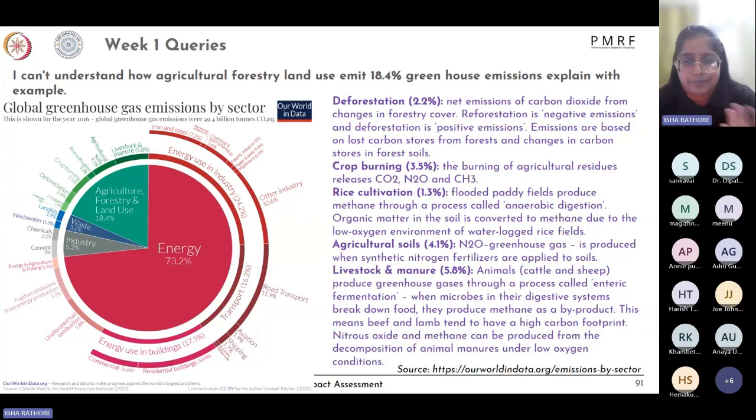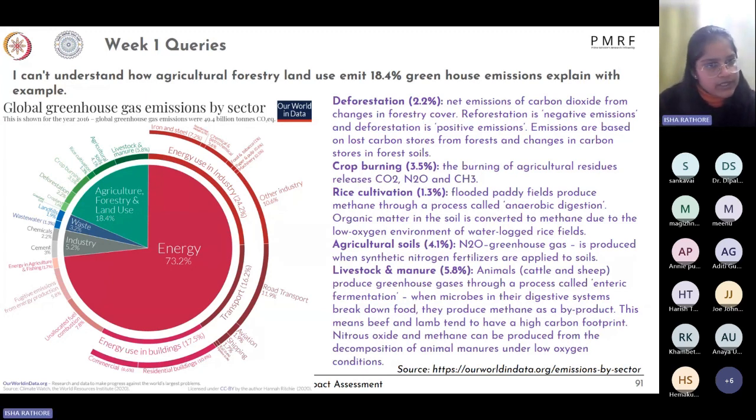Again, the process of digestion in animals causes methane as a byproduct, which is basically the process in which microbes break down the food in the digestive system of animals like cattle and sheep. So these are examples of how these different subdivisions of agriculture, forestry, and land use contribute to greenhouse gas emissions.